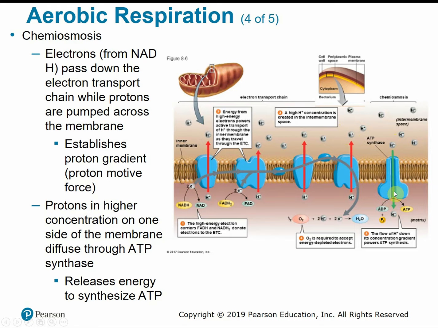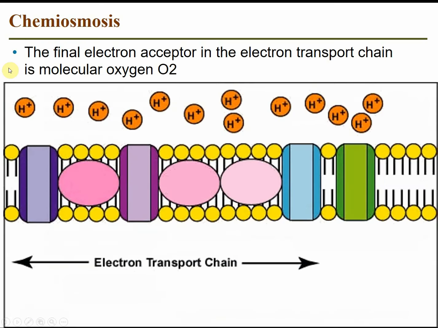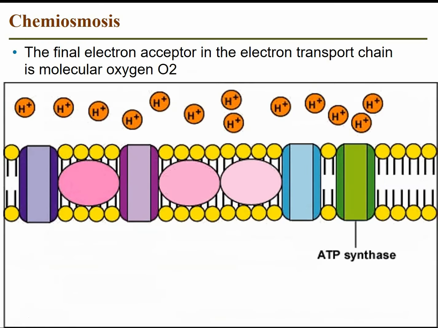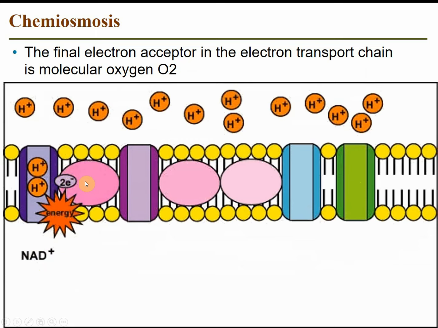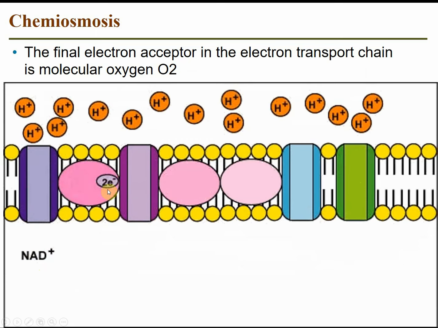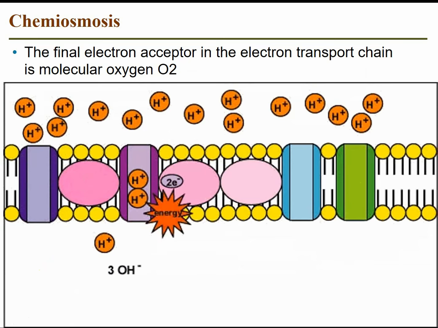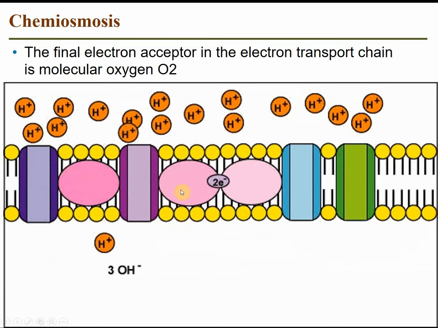hydroelectric dam. Again, the final electron acceptor is oxygen. Without oxygen, our depleted electrons would be stuck in this chain. So here's our energy carriers, release energy to pump hydrogen, and then we pass the electron to the next protein. Releases more energy to pump more hydrogen. Same thing down the chain.